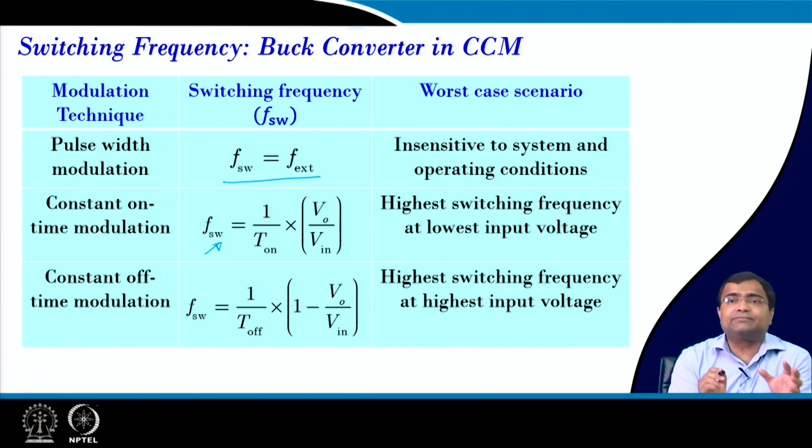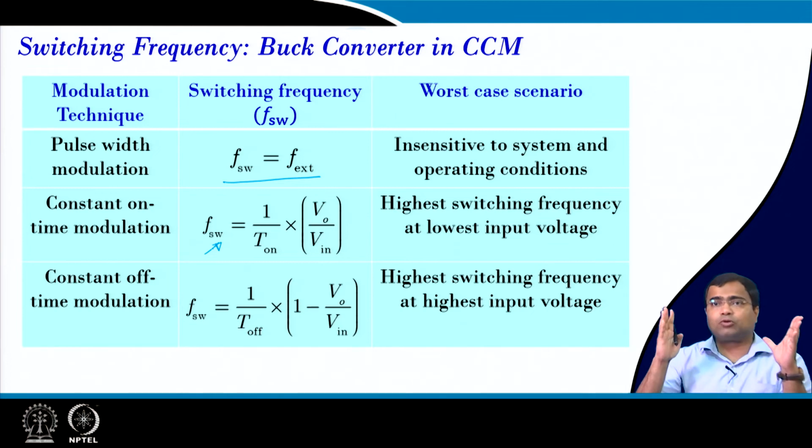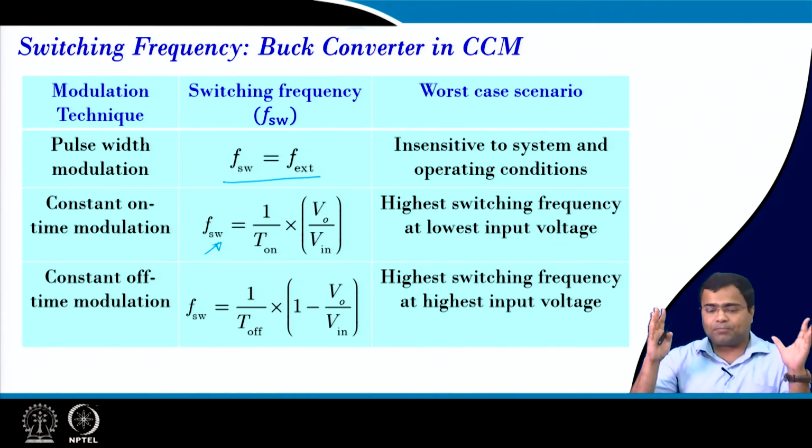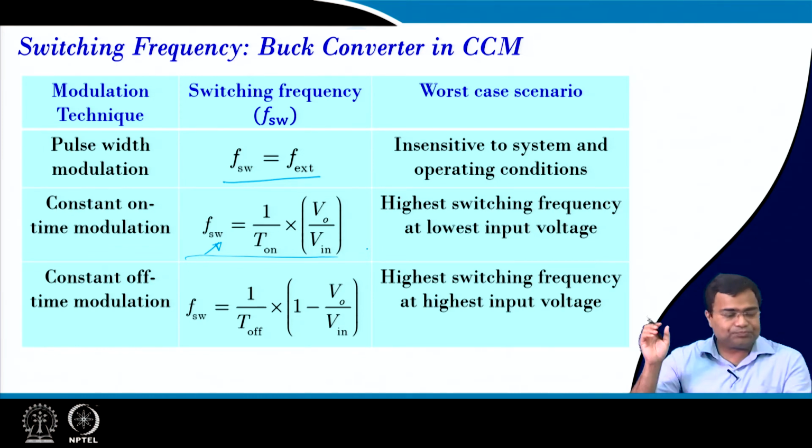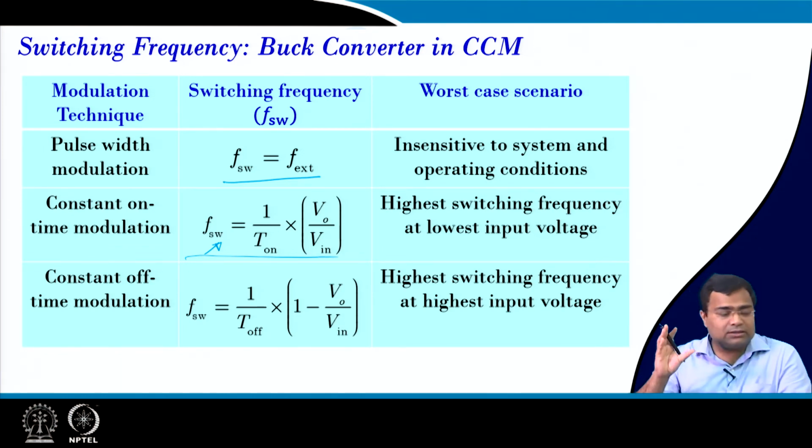In fact, the switching frequency can also be a function of load current if there is a parasitic drop. Although that variation is not significant, it can happen, and this expression will be different under discontinuous conduction mode. But generally we want constant switching frequency under continuous conduction mode.